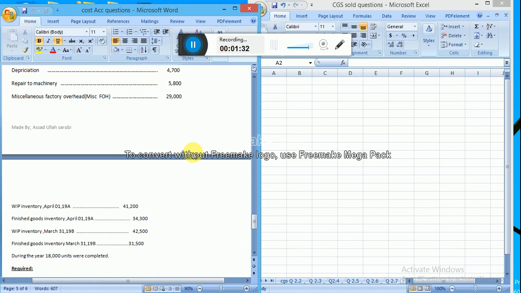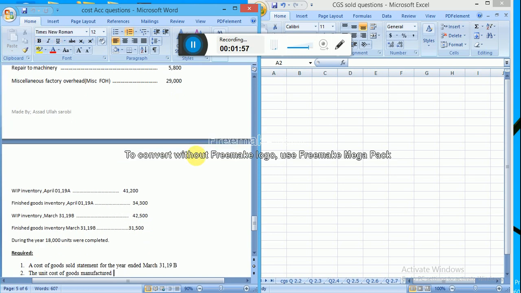Work in process inventory March 31st, 19B, 42,500, and finished goods inventory on March 31st, 19B, 31,500. During the year, 18,000 units were completed.